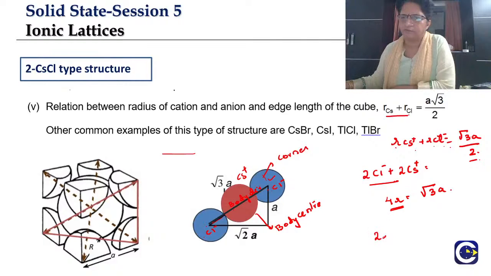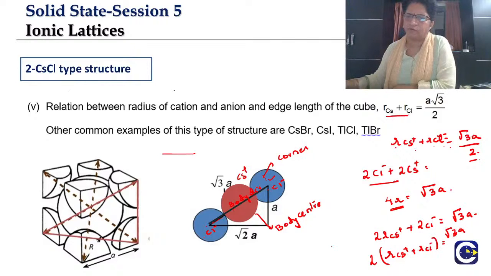That is 2 r Cs plus 2 r Cl minus is making up root 3a. I can take 2 as common, so the cesium ion radius plus the chloride ion radius is equal to root 3a by 2. Are you able to understand how we are getting this?